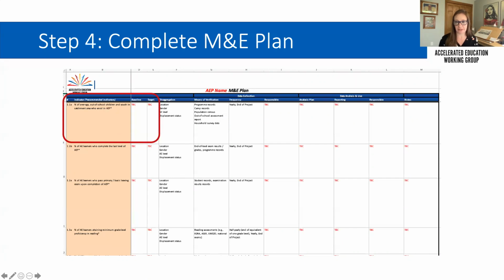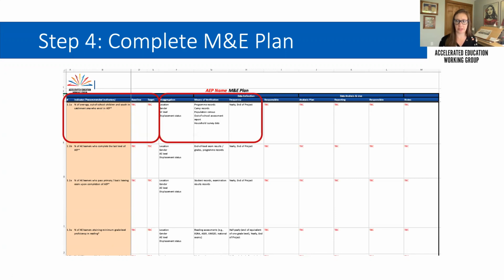But a couple of key features of the M&E plan, usually it lists first the indicator and potentially a baseline figure if that's applicable, although for some of the indicators that's not always applicable. And it will provide a target. It also specifies in the plan how you're going to disaggregate data, where you're going to get that data from, and when.